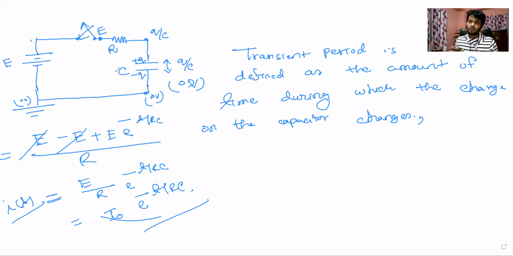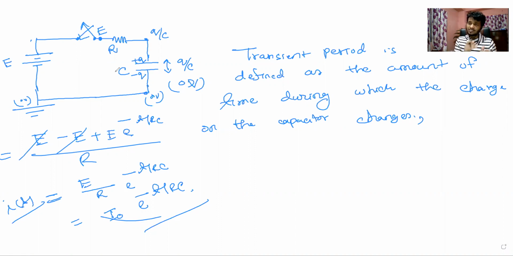Yes, sir. So before we move on to the next topic, let me summarize what we have studied today. We have studied the charging phase of the capacitor, first of all. The charging phase of the capacitor can be divided into 3 states: initial state, transient state, and steady state.